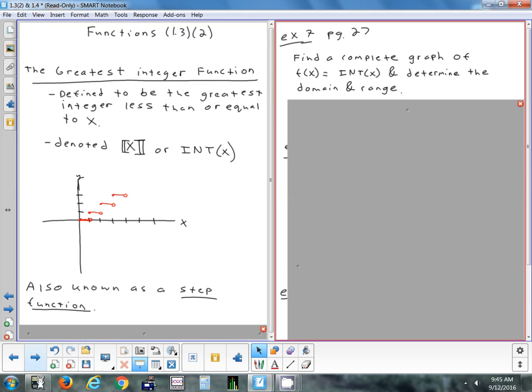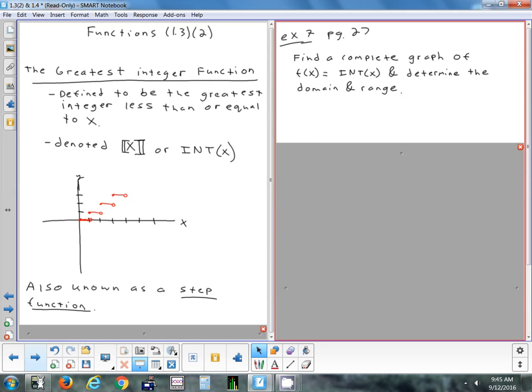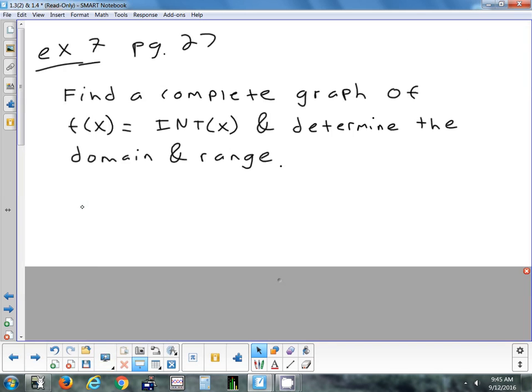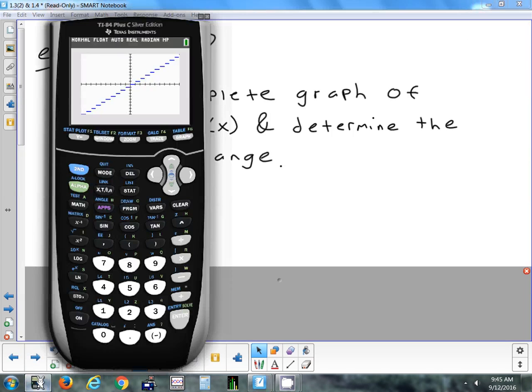All right, so we already did part of example 7. Find a complete graph of this integer function. What do I need to write down for a complete graph, if they ask for something like that in the homework? Yep, those 4 values that are your minimums and maximums.